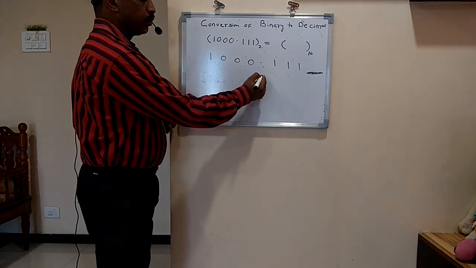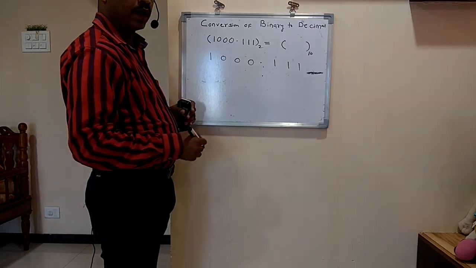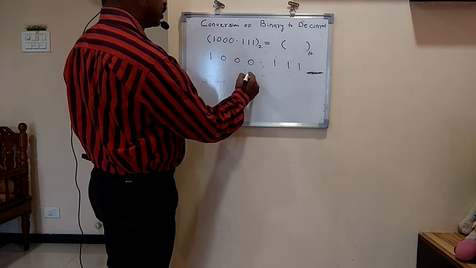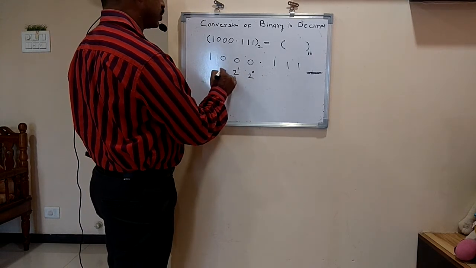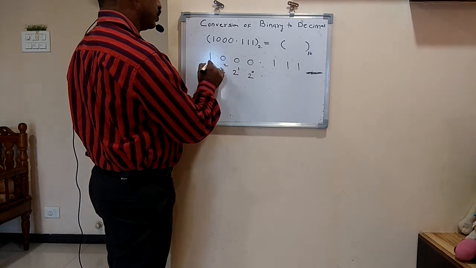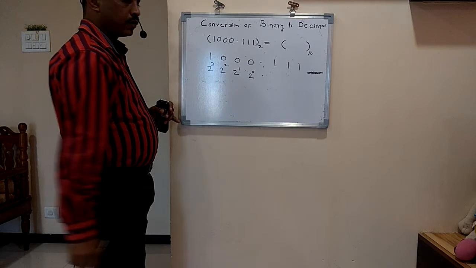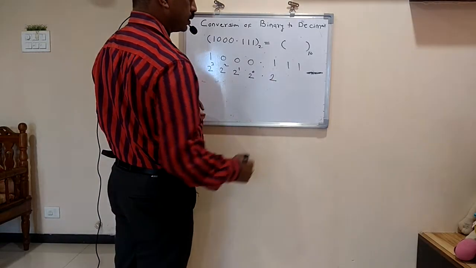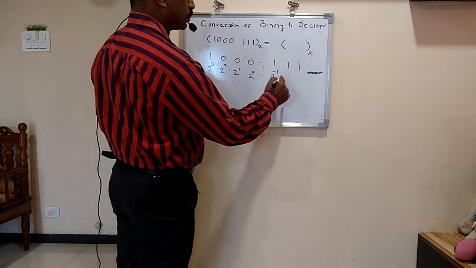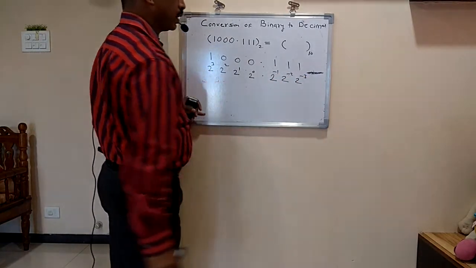So first we give the binary point. Towards the left side, write the binary weight in the ascending order, that is 2 raised to 0, 2 raised to 1, 2 raised to 2, 2 raised to 3. Towards the right side of the binary point, we write the weight in descending order: 2 raised to power minus 1, 2 raised to power minus 2, 2 raised to power minus 3.